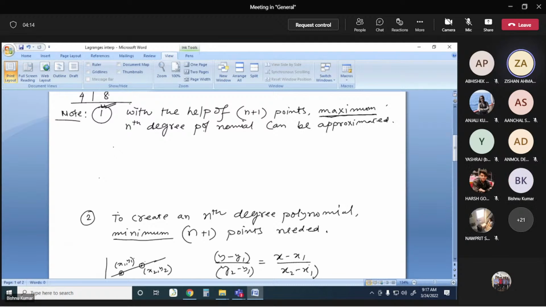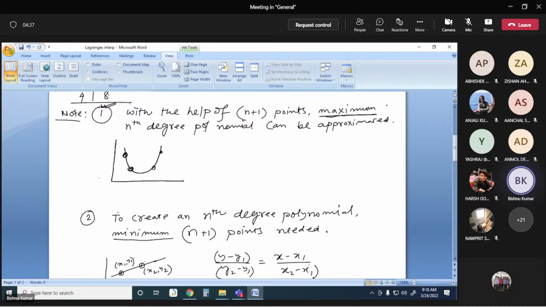Okay. So actually, that logic is implemented here also. Suppose I have 4 points. Suppose the 4 points are lying like this. Here is 1 point, here is 1 point, here is 1 point, here is 1 point.